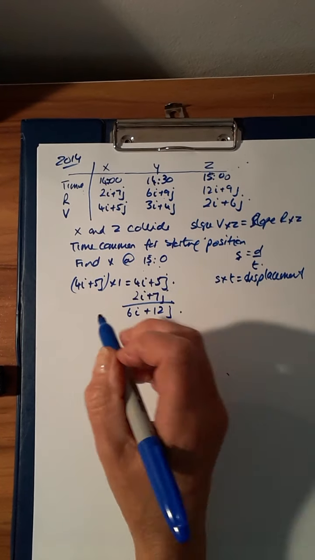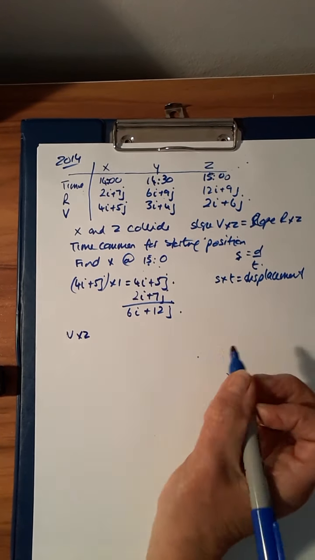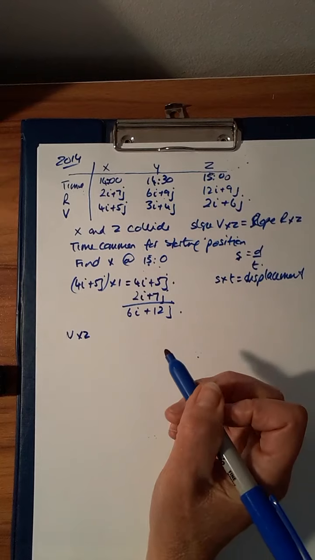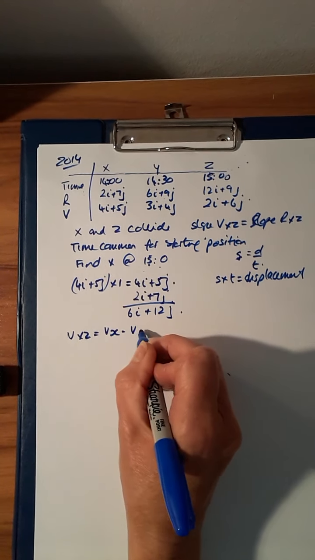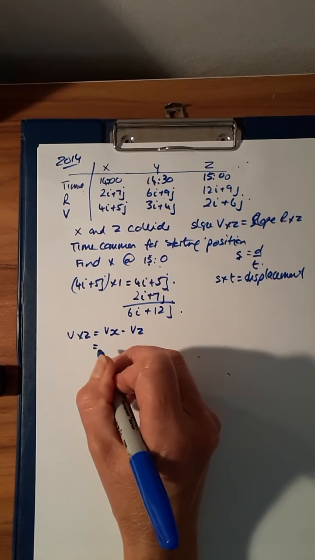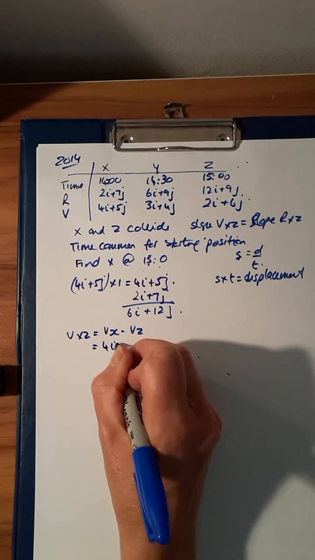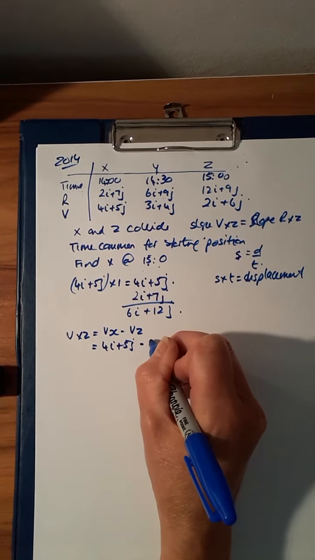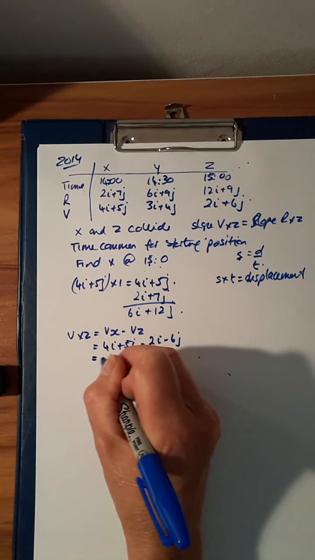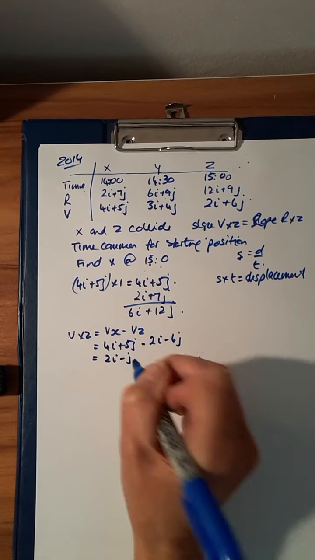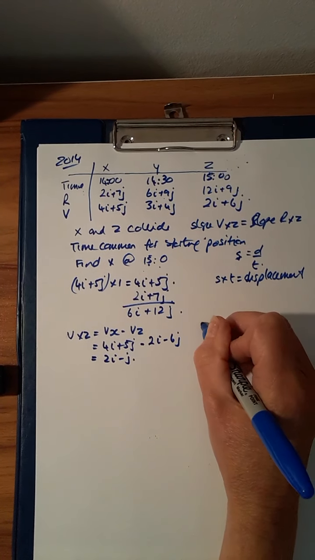And now I can do a vxz and an rxz. Okay, so vxz is vx, of course, minus vz, where the velocity of x is 4i plus 5j, minus the velocity of z, 2i minus 6j, and that, of course, will give me 2i minus j. Okay, now let's get the rxz.